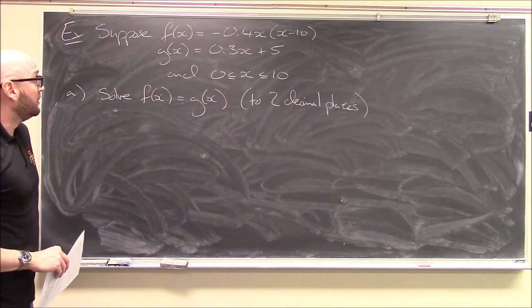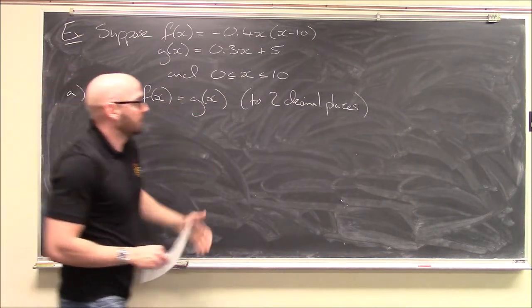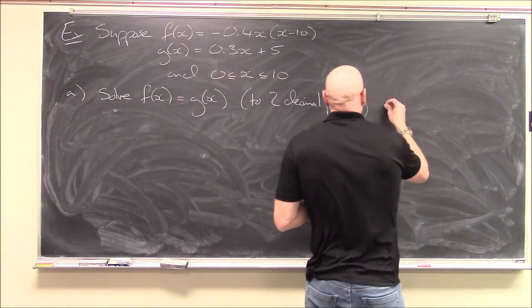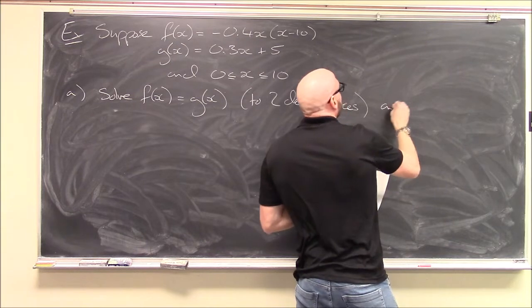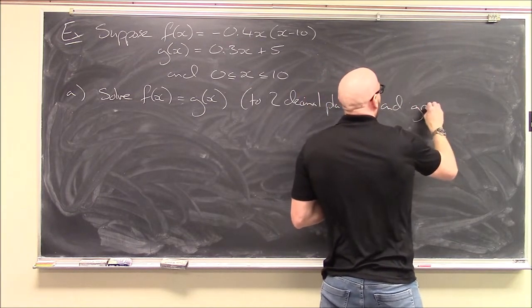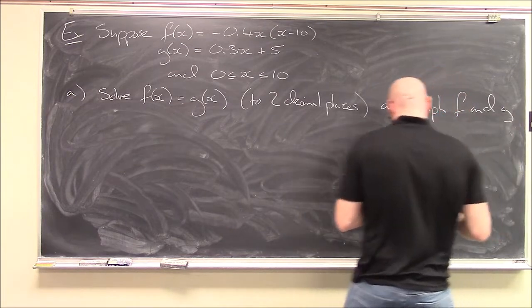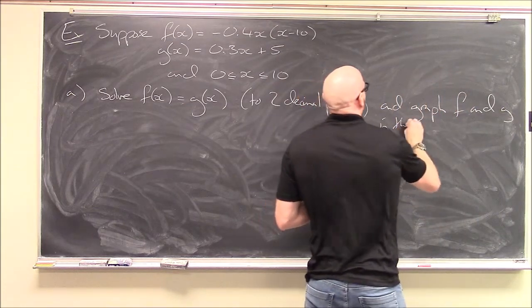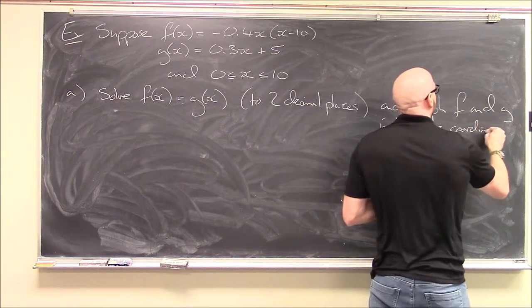And the way I'm going to do that is by solving this equality. I need to know this first. So we'll pose this as two questions together. And graph f and g in the same coordinate system.